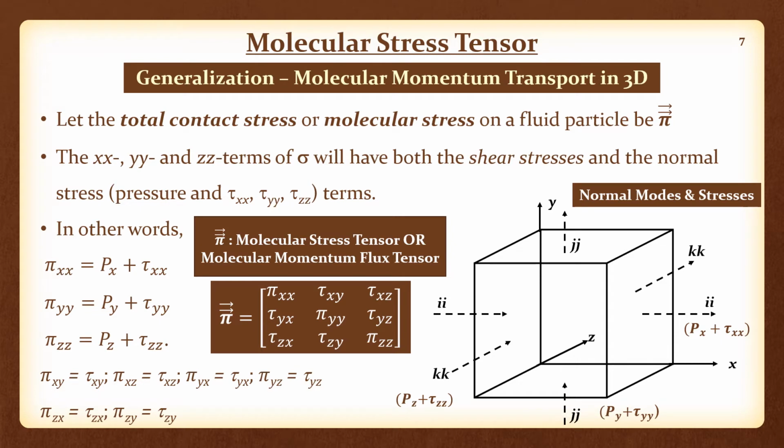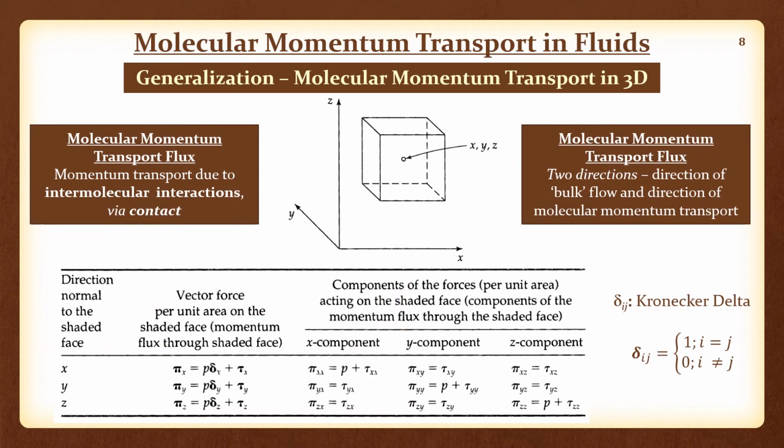And this, by the way, if you look at the picture that is shown here, captures exclusively the momentum flux along the normal directions by way of contact. Now this is shown in this picture and the table below, taken from the classic textbook on transport phenomena by Bird, Stewart and Lightfoot.